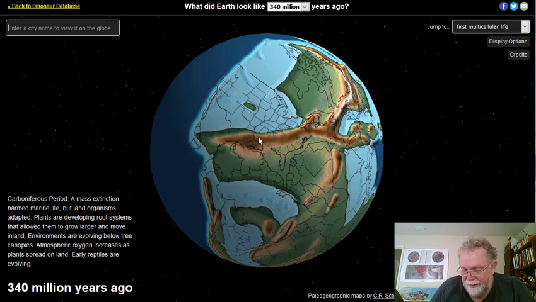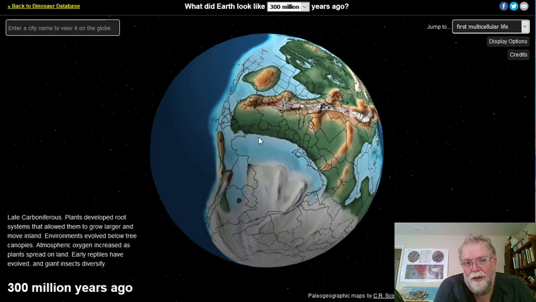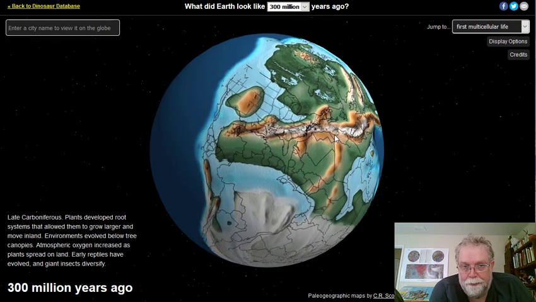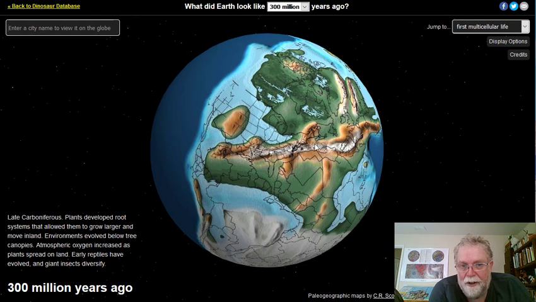Like I said, this isn't quite as simple as we're just going to smack two things together. It's a bit more complicated than that. But you can see how Pangea coming together sutured together Africa and North America, and threw up this East Coast mountain range. Made a very tall mountain range, by the way.